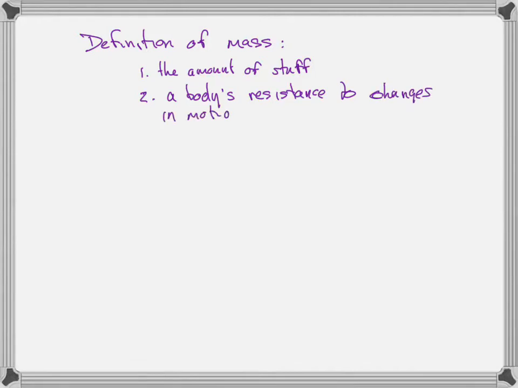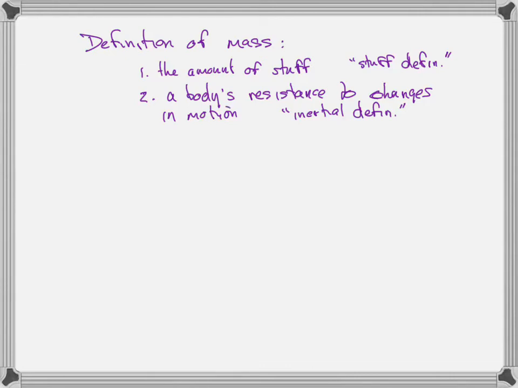That is also a definition of mass, and that's the inertial definition of mass. So this is the stuff definition, and what I mean by the stuff definition, again, is we're just counting the number of atoms, and that gives you the mass. But this is the inertial definition: a body's resistance to changes in motion.